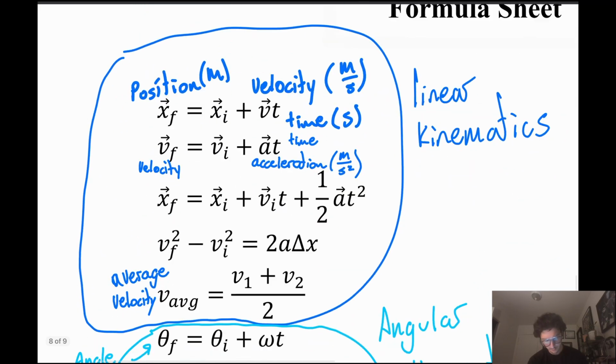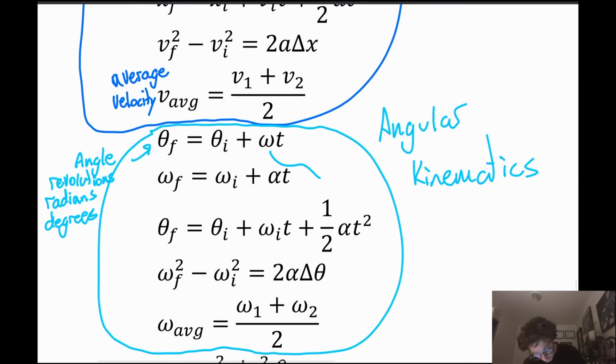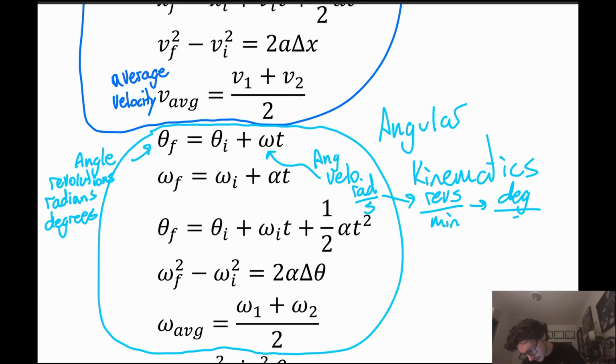Over here we just had meters, and then over here this is angular velocity. It could be rads per second, or it could be revs per minute, or it could be degrees per second or something like this. Any kind of angular velocity.